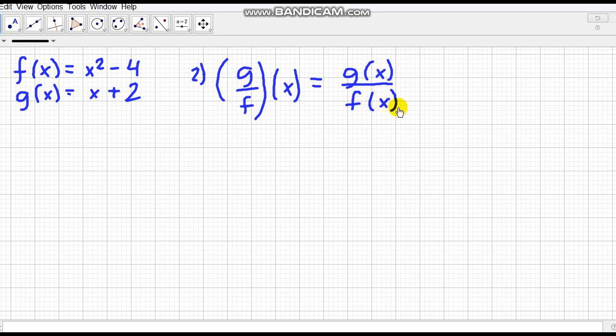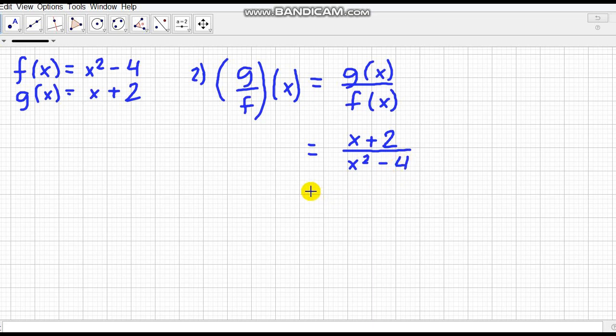So it reverses the order. So the order of how the functions are presented is very important so that we can define it properly like this. So let's try to perform the division here. So g of x is x plus 2 and f of x is x squared minus 4.